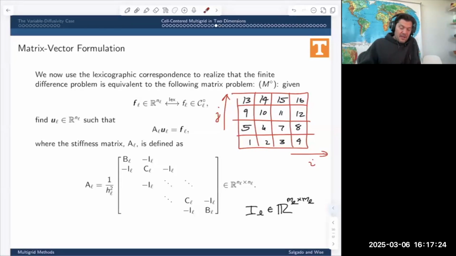I can see that is true here: 4 points in that direction and 4 in that direction gives 16 total points. And that's what I called NL. So NL was equal to ML squared, as you recall. So these super and subdiagonal blocks are just the identity matrices. And the only real mystery is, what are these diagonal blocks for this case?